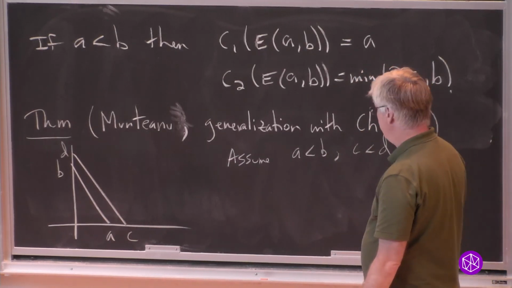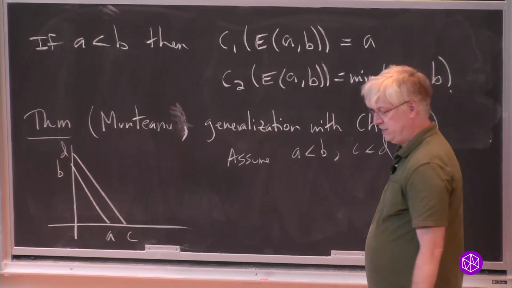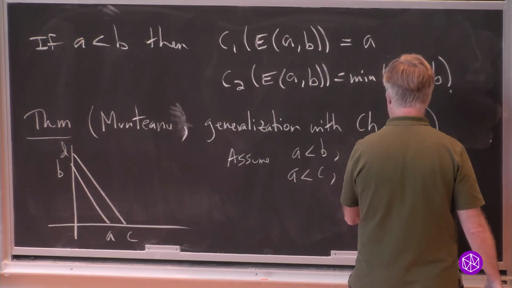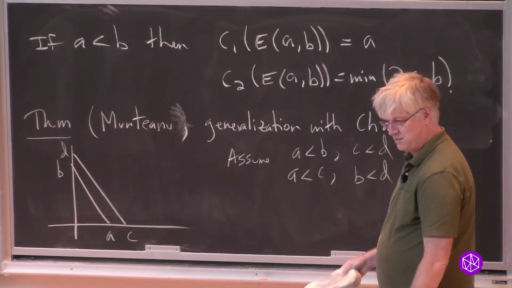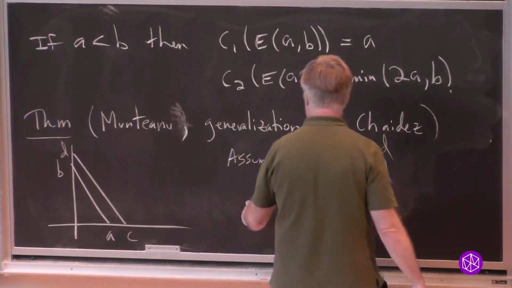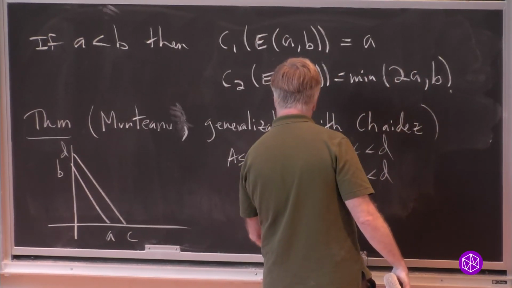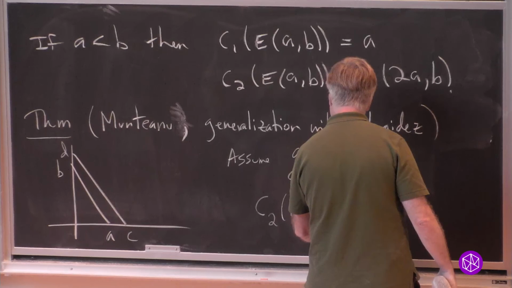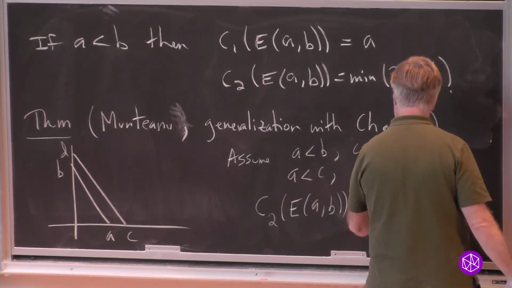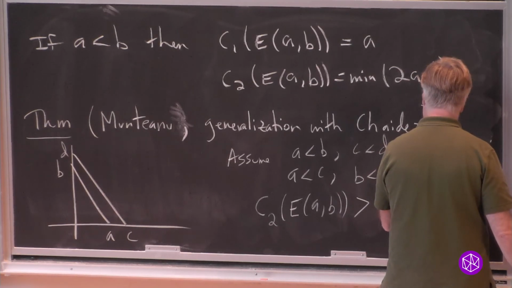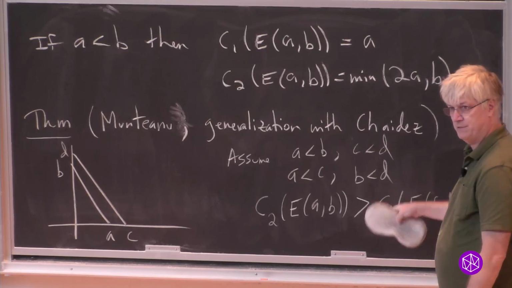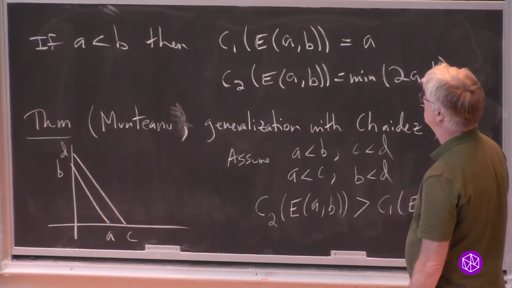For one to be a subset of the other, I need that A is less than C and B is less than D. And finally, I have a slightly suggestive condition: I want c_2 of E(A,B), the minimum of 2A and B, to be bigger than c_1 of E(C,D), which is just C. That can happen. So those are the assumptions.